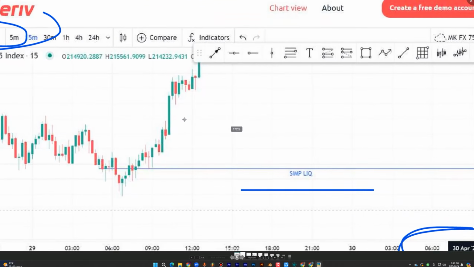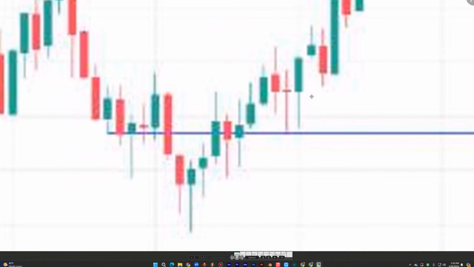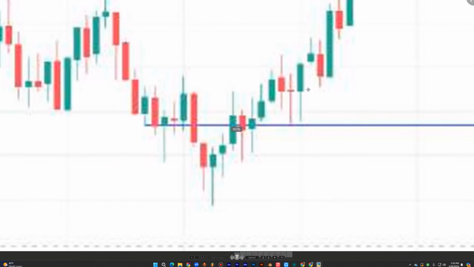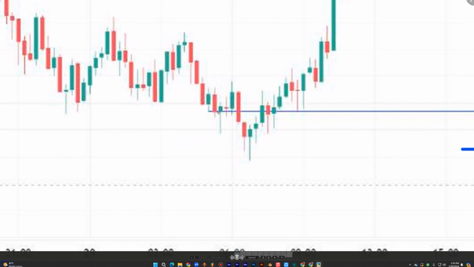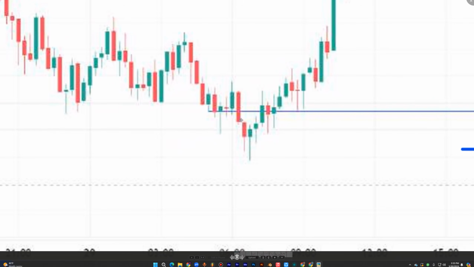For example, this example here, if I zoom closely, you can see that the market created the low, high, then low, then high, and breaks below this point. As you can see, this was the low, high, and then breaks below.